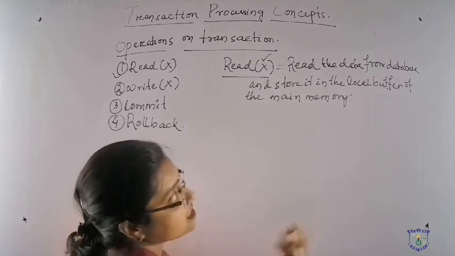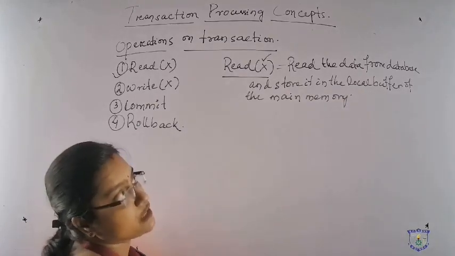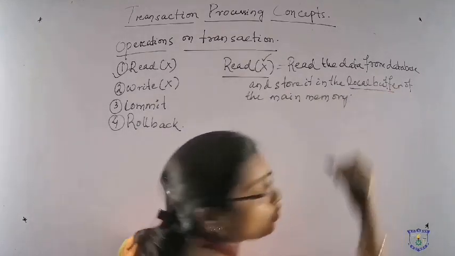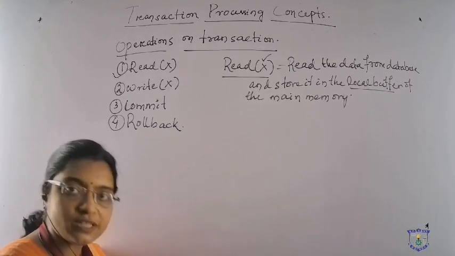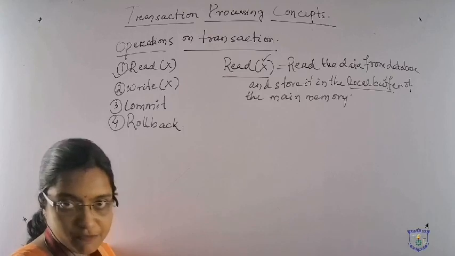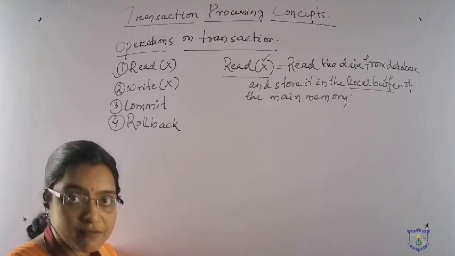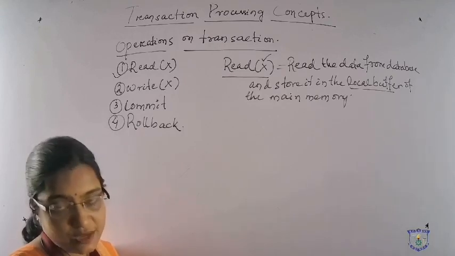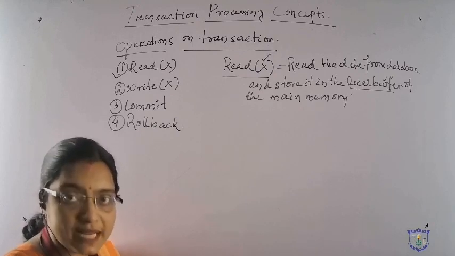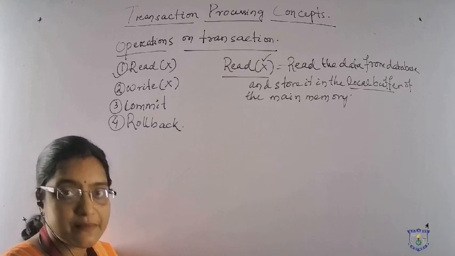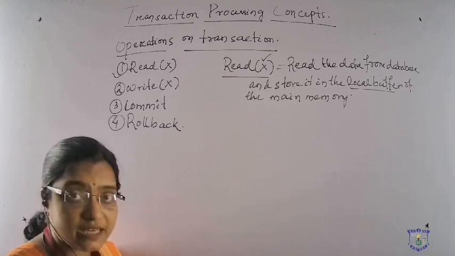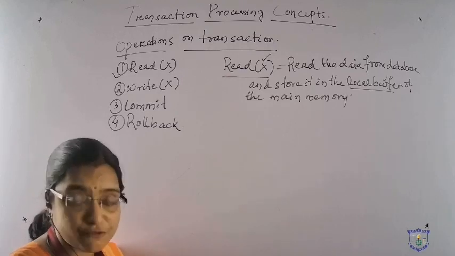Students, here you might have a confusion about where the local buffer came from. Generally, we store the data in the local buffer. The purpose of using the local buffer is temporary storage. We never perform any operation directly on the database because if we do, we may lose the actual data because of some hardware or software failure.